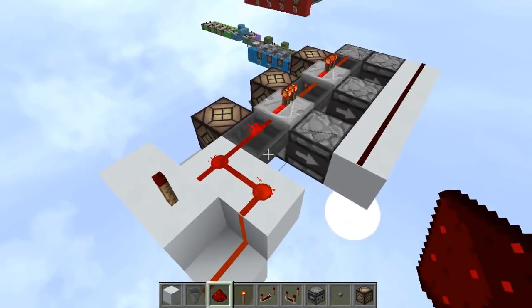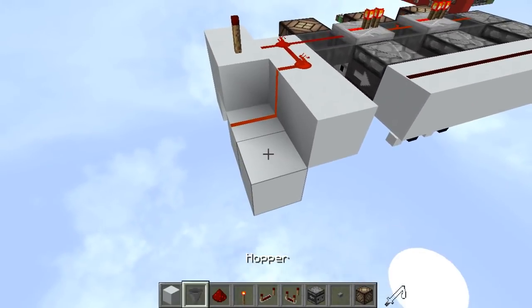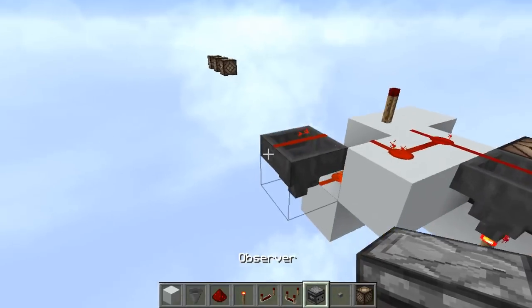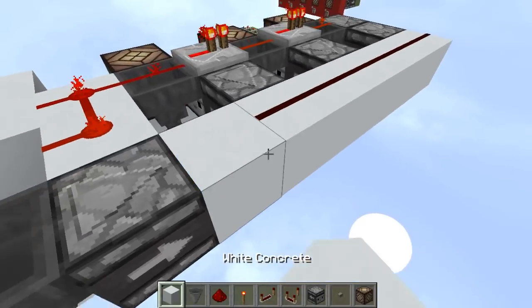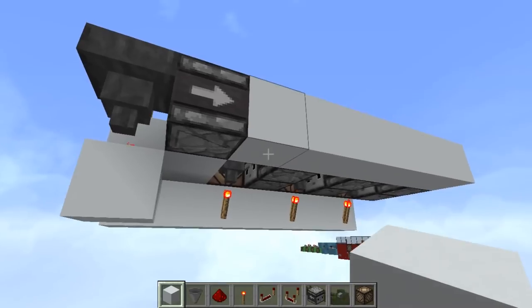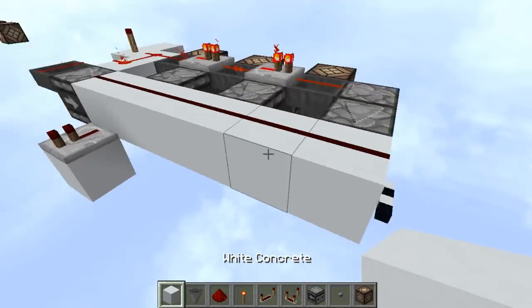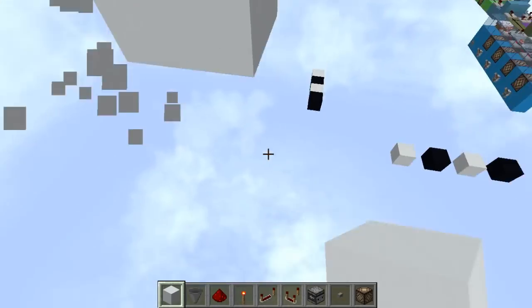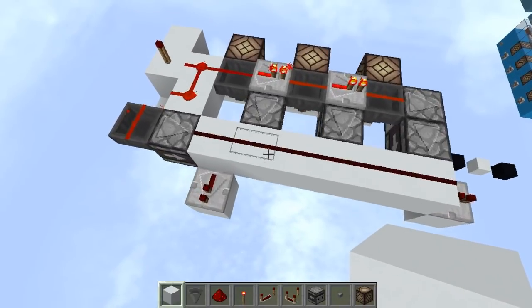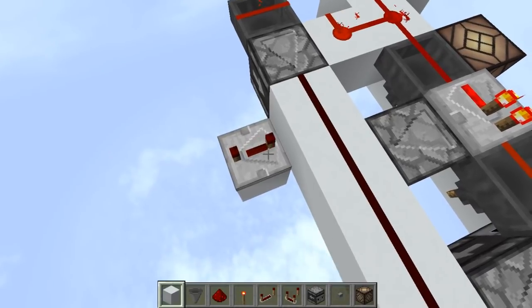So everything gets powered here, and here we need still another hopper that's going to be powered all the time, and then we connect the observer block to this guy, and that is your transmitter. You can take an input anywhere on this line, so for instance from here or from here, but make sure that whatever comes out of this redstone line is always set on 1 tick.